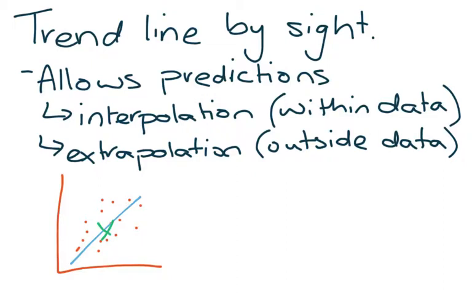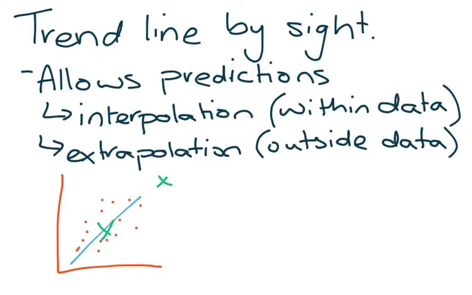If I went ahead and made a prediction up here outside of the data range, yes, we can still use it as a prediction, but we shouldn't rely on it because we're in uncharted territory. We don't really know what happens beyond those data points.